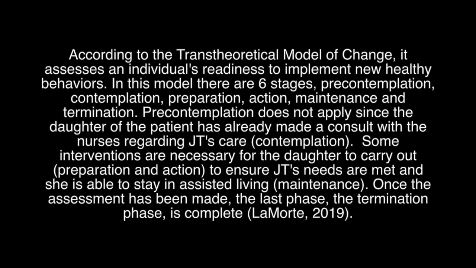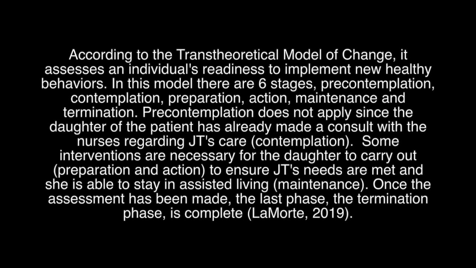According to the trans-theoretical model of change, it assesses an individual's readiness to implement new healthy behaviors. In this model, there are 6 stages: pre-contemplation, contemplation, preparation, action, maintenance, and termination.